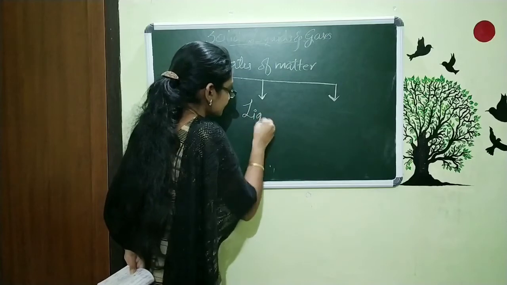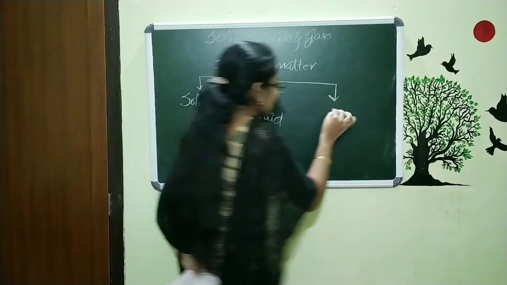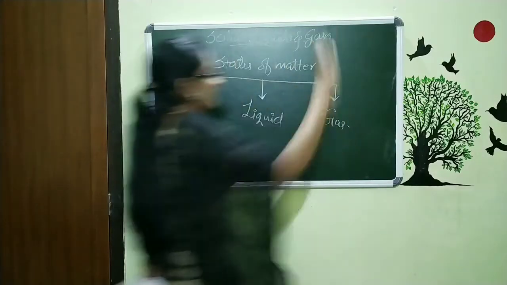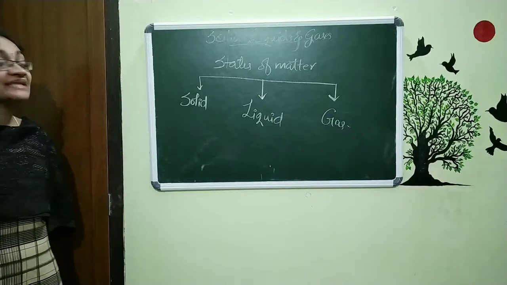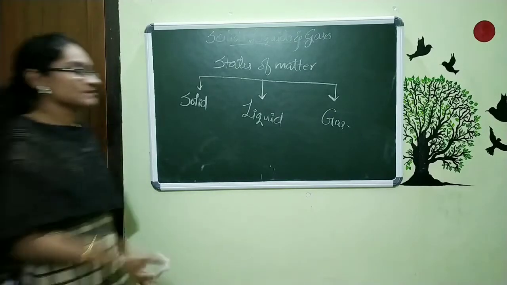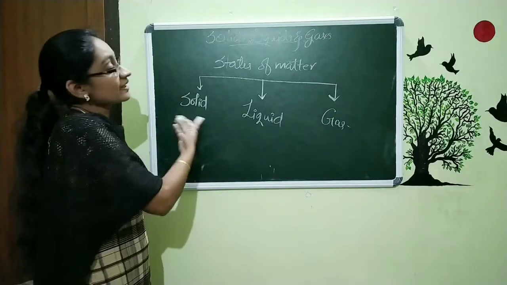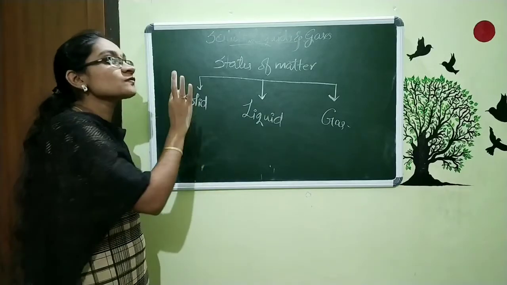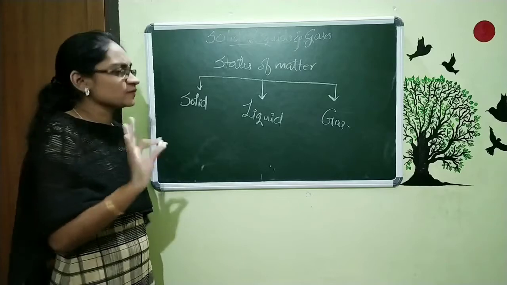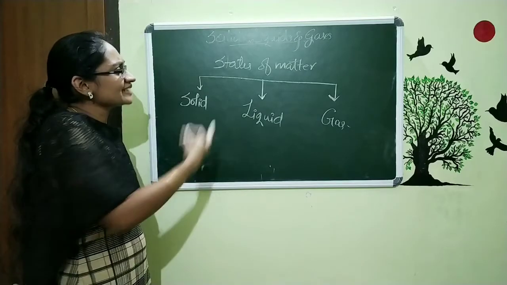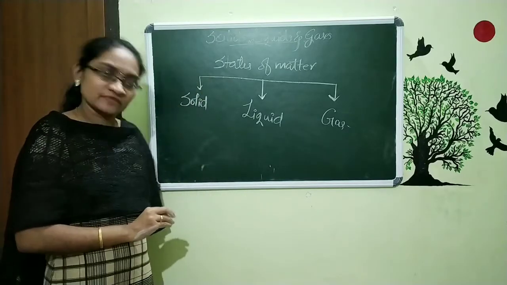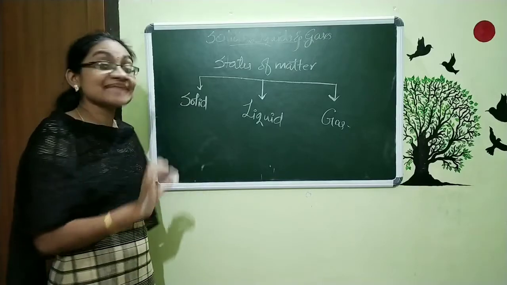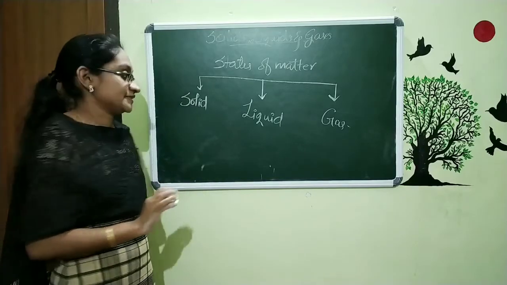liquid, and gas. So the state of matter means the type of matter itself, and that is what solid, liquid and gas are. That means the 3 types of matter or 3 states of matter. Generally we are not saying types of matter. We are saying states of matter or state of matter.